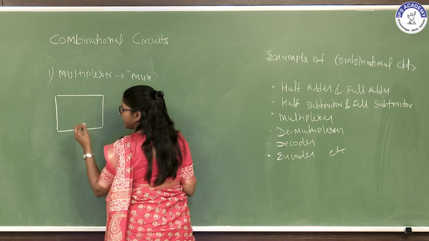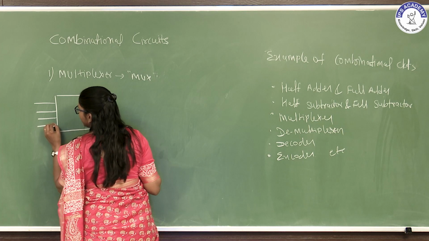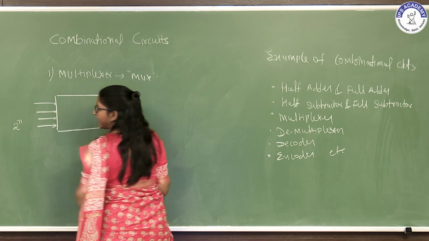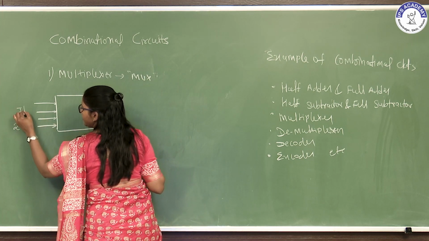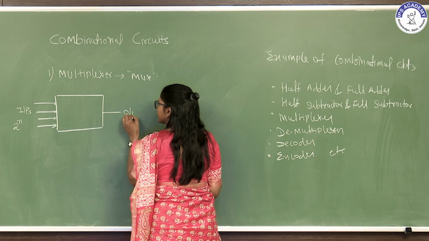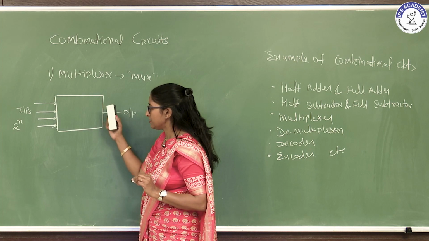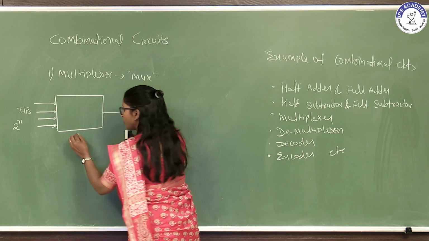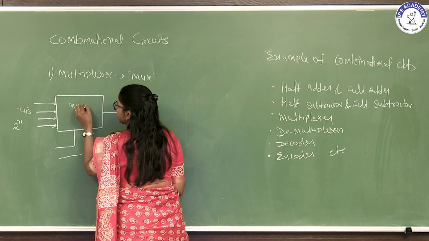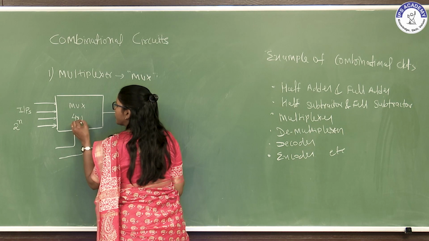So here we can say a multiplexer which has 2 raised to the power n inputs, these are my inputs, and a single output. Now which input will be selected at the output side? That is decided by the select lines. This is called mux, and here this is the type of 4 to 1 mux or 4 cross 1 mux.